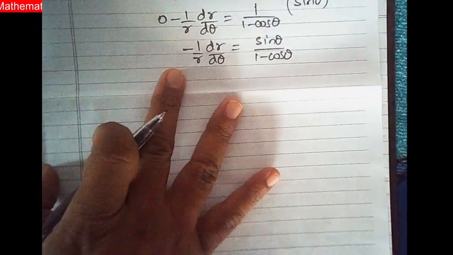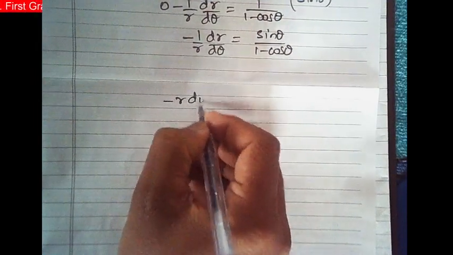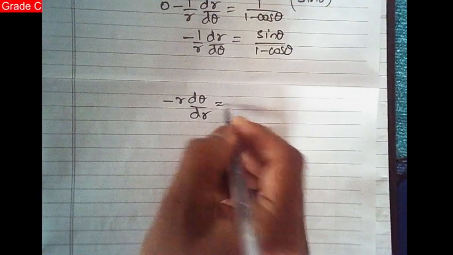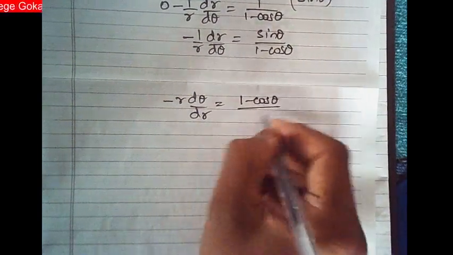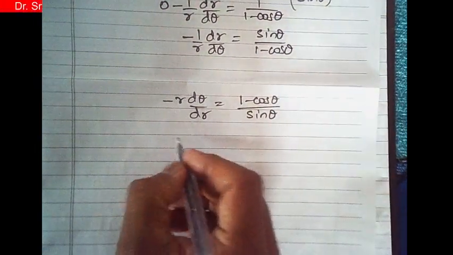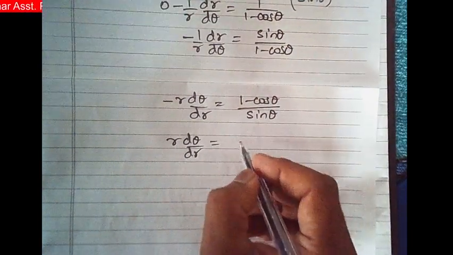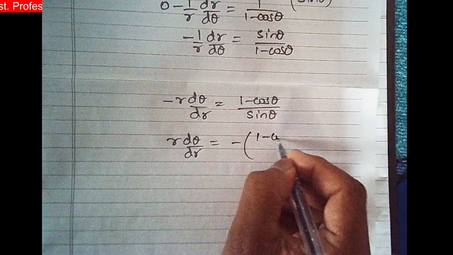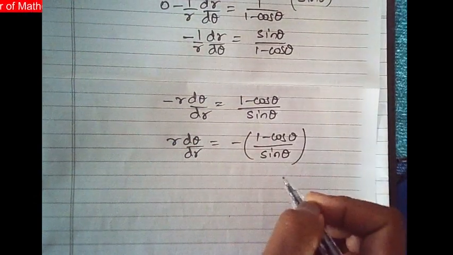Reversing this, minus r d theta/dr is equal to, reversing this also, (1 minus cos theta) divided by sin theta. Now this is nothing but r d theta/dr equal to minus of (1 minus cos theta) divided by sin theta.